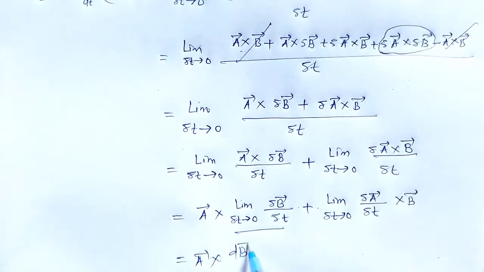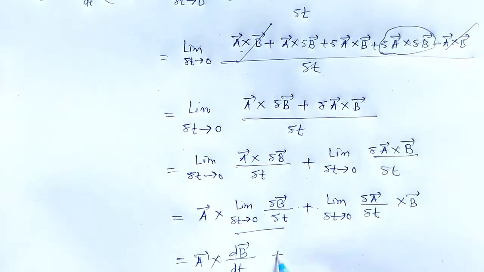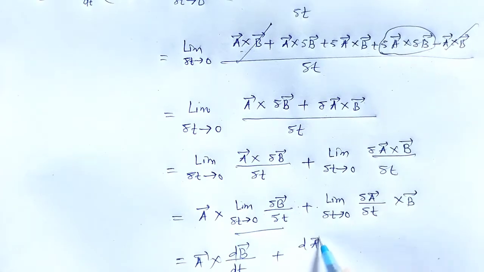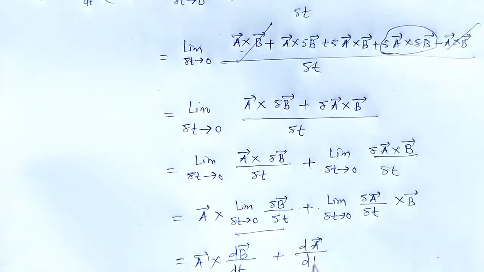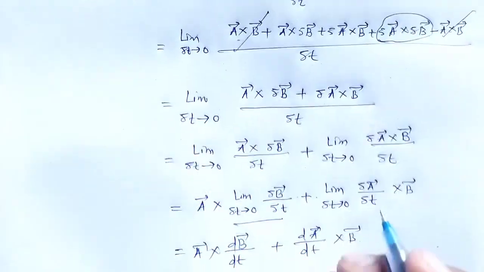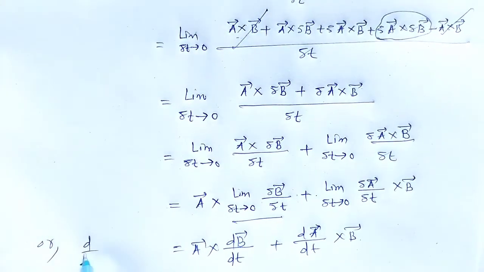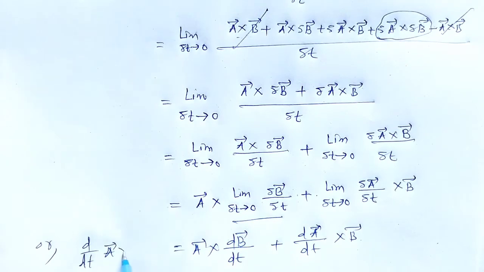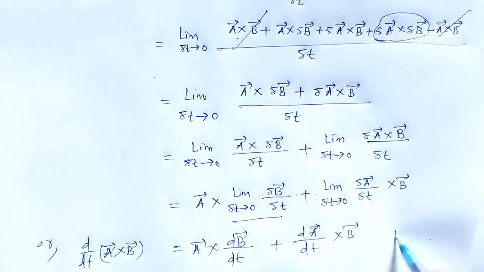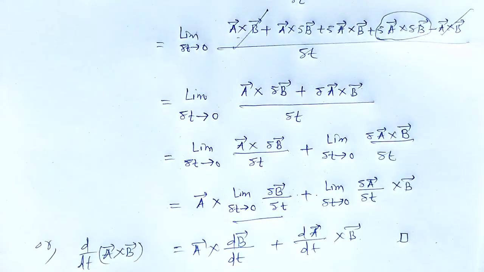That is a × db/dt plus da/dt × b, for d/dt of a × b. This is the cross product differentiation rule for vectors. Proved.